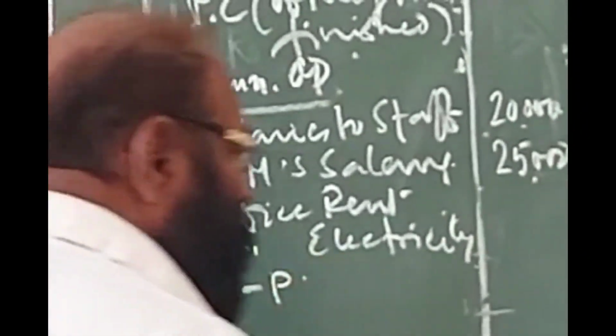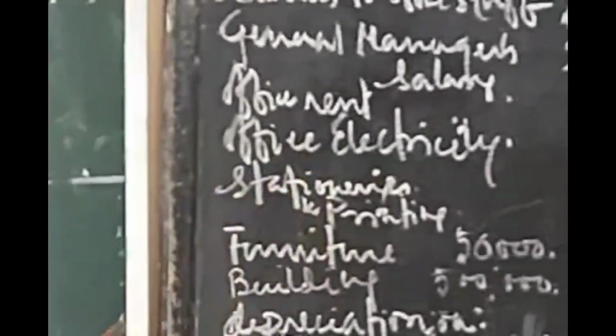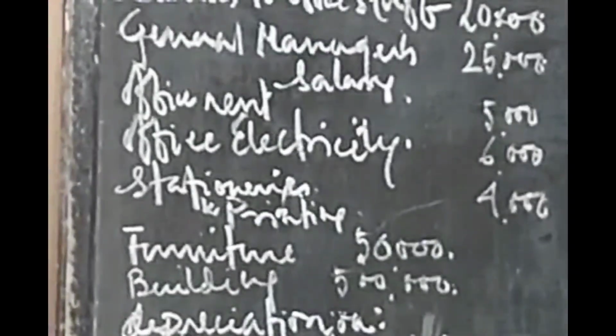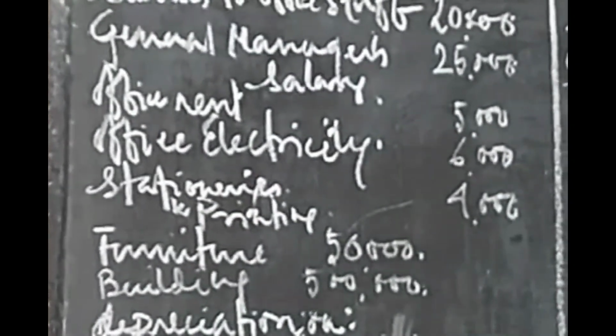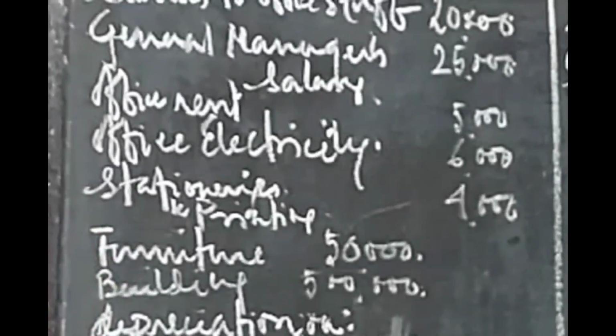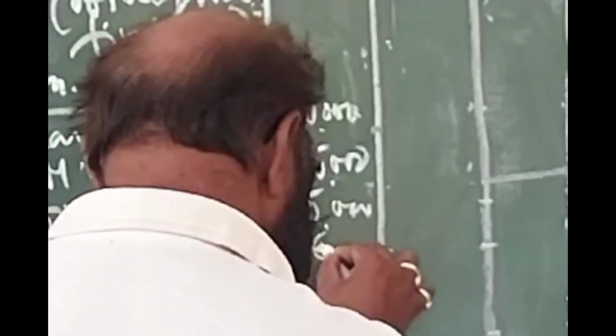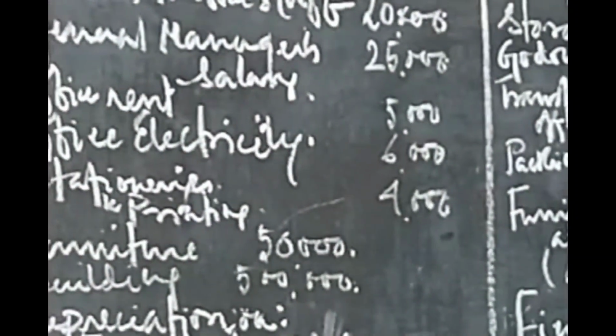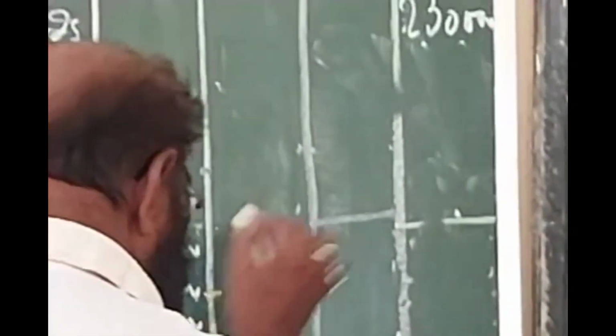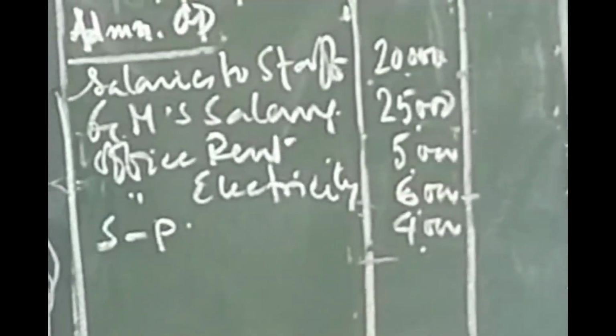Okay, so office rent 5,000. Then office electricity 6,000. And stationery and printing 4,000. Clear? So these are the different expenses.